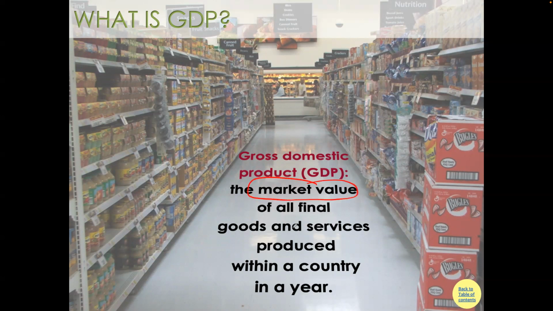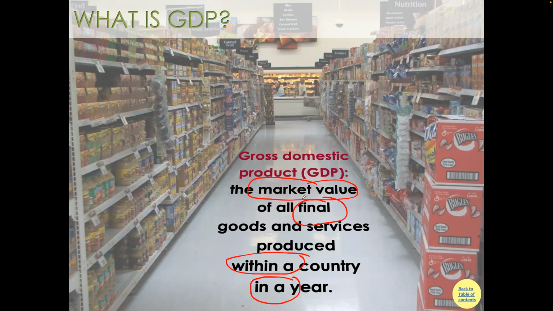Number two, all final goods. So now the key is final goods. We are going to have one slide to explain what is final goods. And then number three, within the country. And then number four, in the year. Right, so those are keywords.